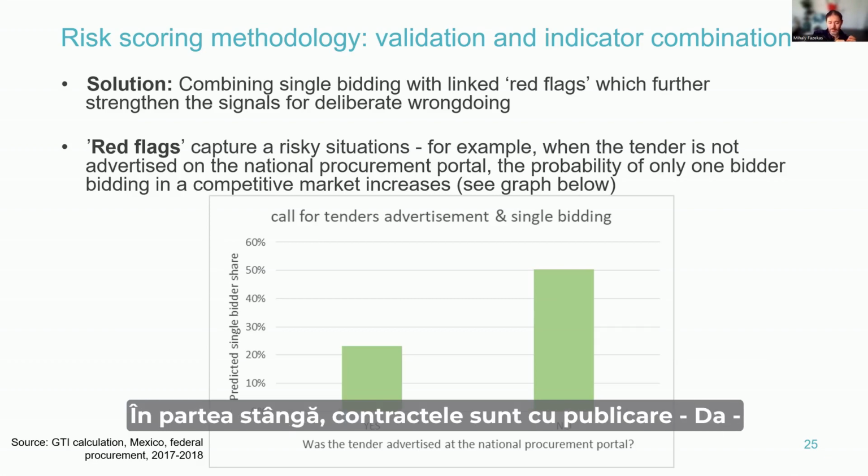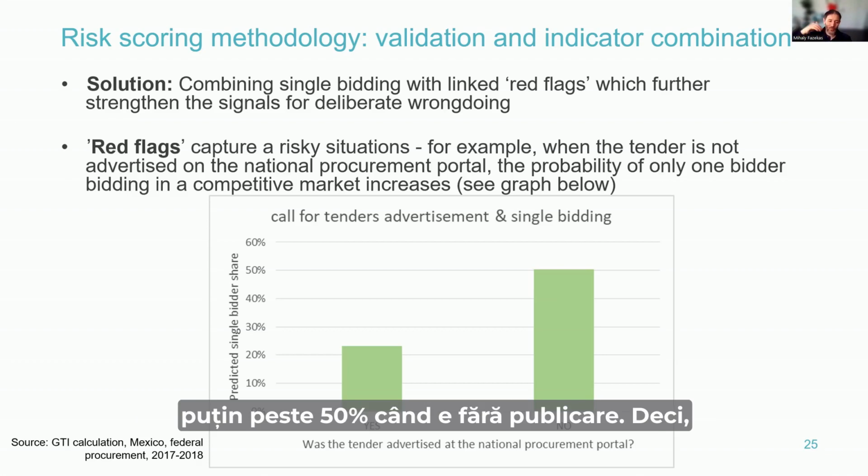On the left-hand side, the contracts are with advertisements, yes. The right-hand side, contracts without advertisements, so no. And then you see that single bidding rate dramatically differs. So close to 20% when there is advertisement, a little over 50% when there is no advertisement.